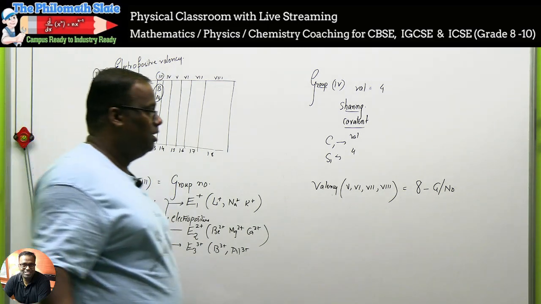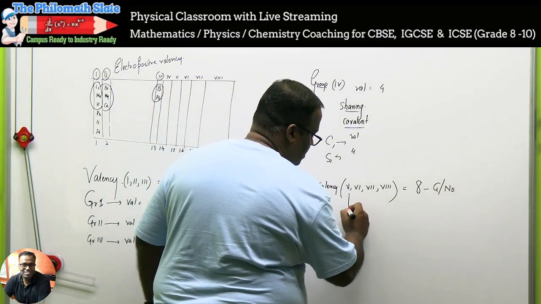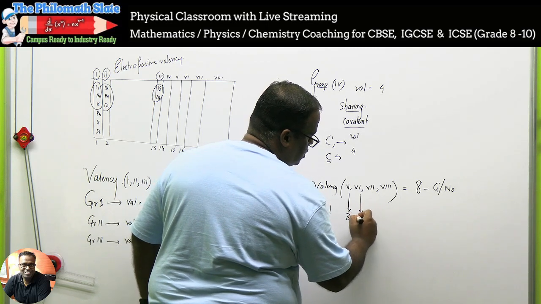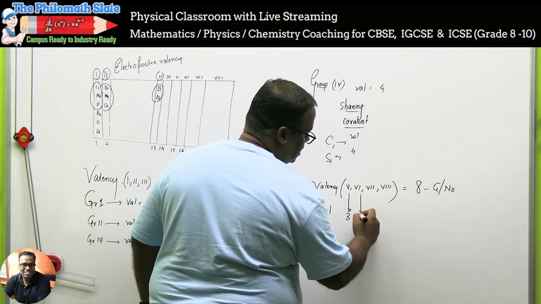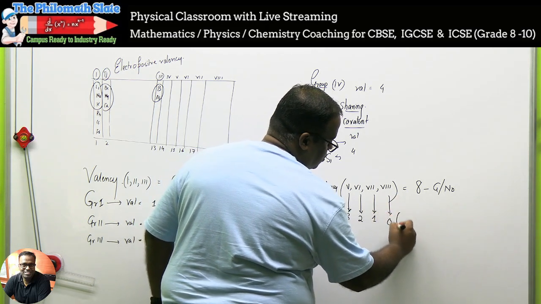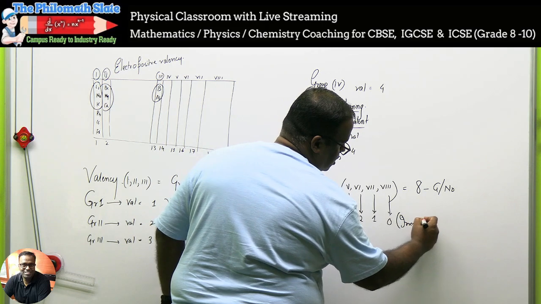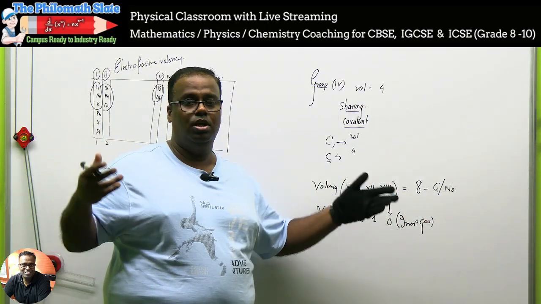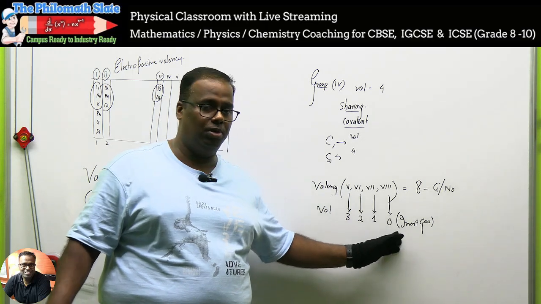Got it? So for group 5, the valency would be 3. Here the valency would be 8 minus 6, that is 2. 8 minus 7, 1, and 0. That's why this is the inert gas. It has no valency. This particular family has nothing to lose or share, and is extremely stable.